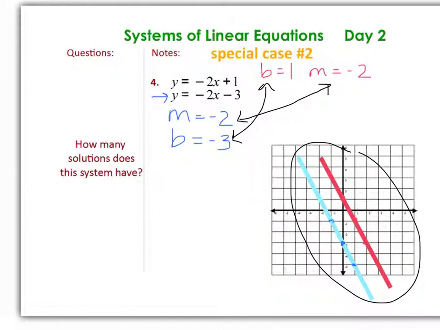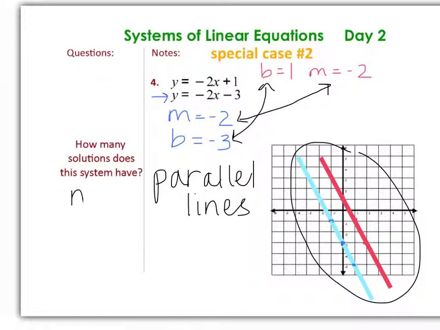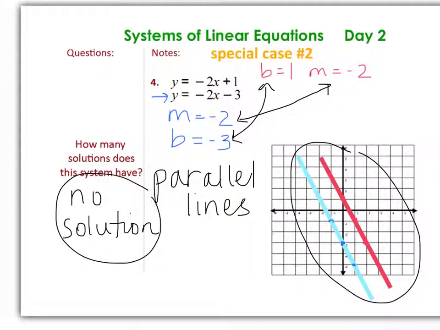So if you have parallel lines with a different y-intercept, meaning they're not the same line, there's actually no solution to this system. They'll never cross, and my solution is where my lines cross. So this is special case number 2.